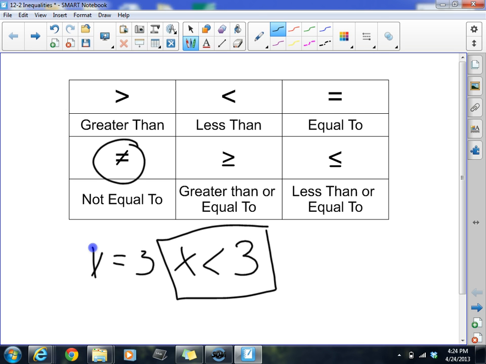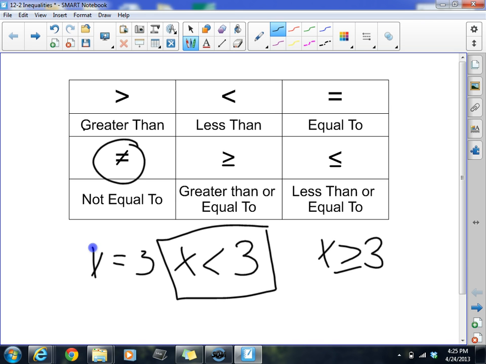Mathematicians simply said, sometimes I need to include the number. See, if I put x is greater than 3, that means that x is not 3. It's not 3. But if I use greater than or equal to, it can be 3 or another number, or a number bigger than 3.